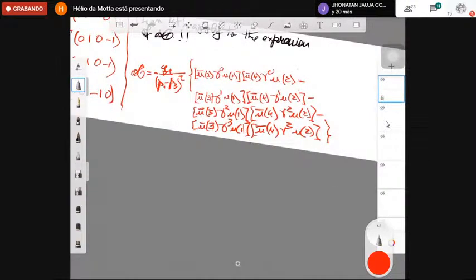Okay, this is not really difficult to calculate, because remember, most of those matrices there are just full of 0, 0, 0, 0. So let's do one by one.